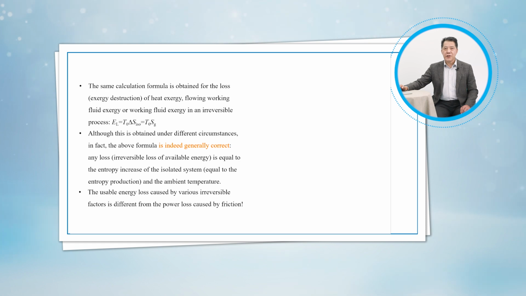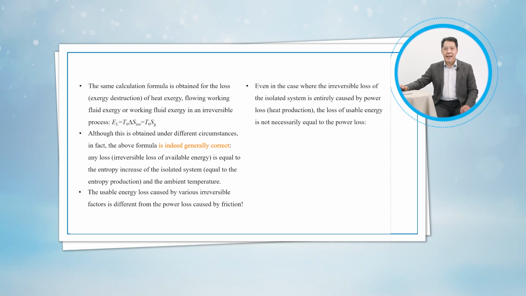The usable energy loss caused by various irreversible factors is different from the power loss caused by friction. Even in the case where the irreversible loss of the isolated system is entirely caused by power loss, the loss of usable energy is not necessarily equal to the power loss.